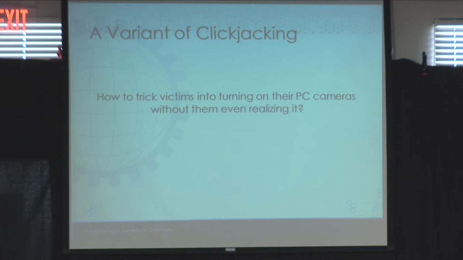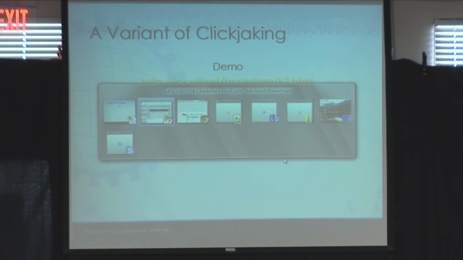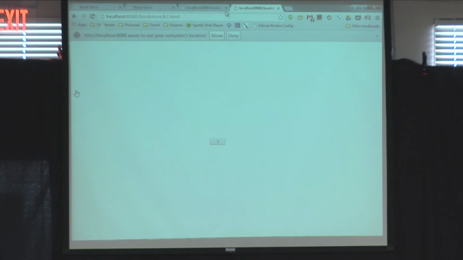But how do we trick users into giving our malicious website access to their location and to other things like web camera or microphone? Let me go to the demo.